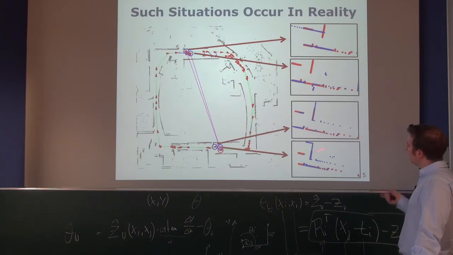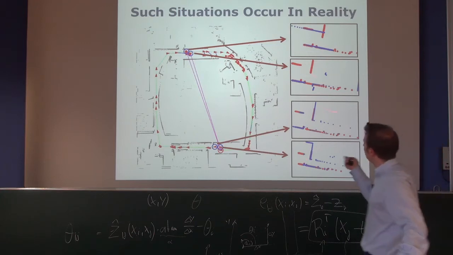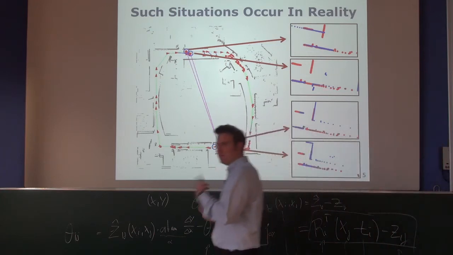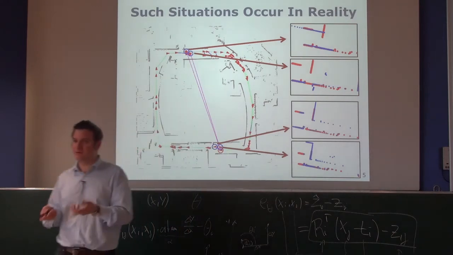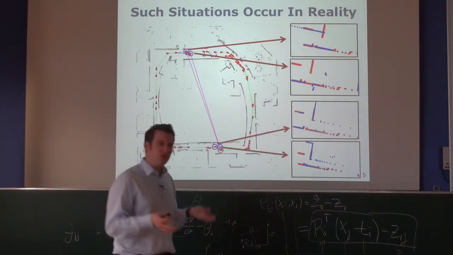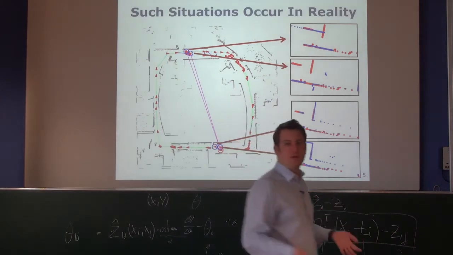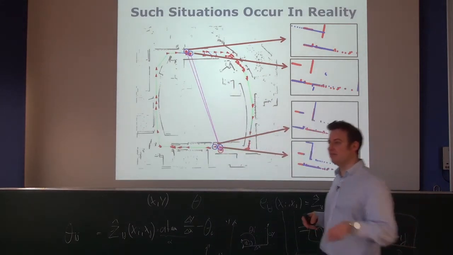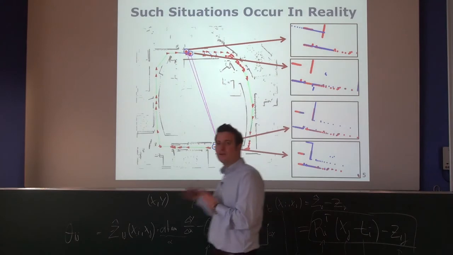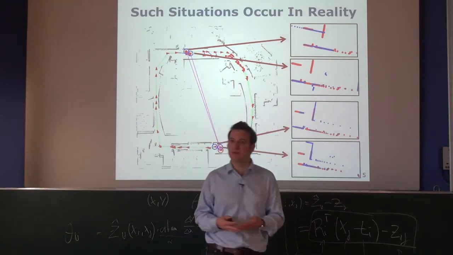All the other scans map quite well. The same holds here. Even as a human, you say, okay, there is definitely a misalignment between the scans, so they don't fit perfectly, but that can result from small changes in the environment, a person walking by, maybe closing or opening a door, so that you simply don't get the perfect alignment all the time.